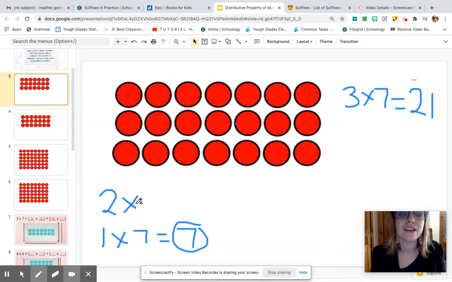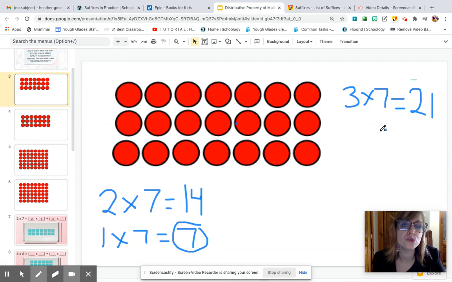We use the distributive property of multiplication to help us solve that problem, because the distributive property states that you can break apart a multiplication equation into two smaller equations, find those products, and then add those products together again, and that will give you the answer to your initial problem.